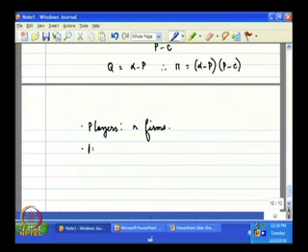Two, actions. So, what are the prices in this model? Prices are any non-negative numbers. Sorry, I should not have written prices. This is actions. Prices are the actions.